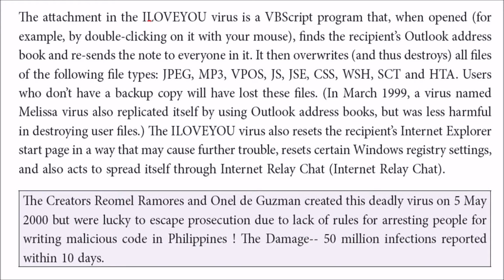The attachment in this I Love You virus is nothing but a simple VB script program. When you open it, say by just double clicking, it finds the recipient's Outlook address book, resends the note to everyone in it, and then tries to overwrite. Overwrite means destroying all files like JPEG, MP3, VBS, JS, JSE, CSS, WSH, SCT, HTA.